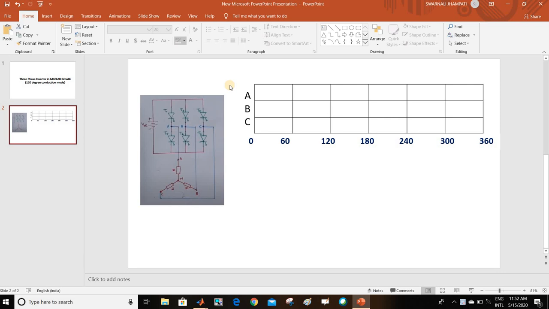Now to set up the firing angle, or the mode of operation for all the switches, we have to consider a few conditions.